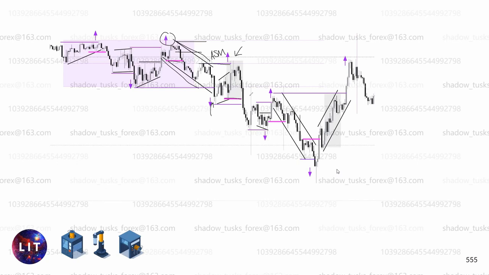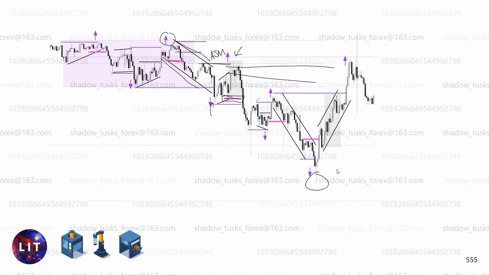I'm sure some of you can see why I personally don't wait for the break of structure, because it means that I get stuff like this where I've missed the trade, and by the time it comes back, this is an SMT.